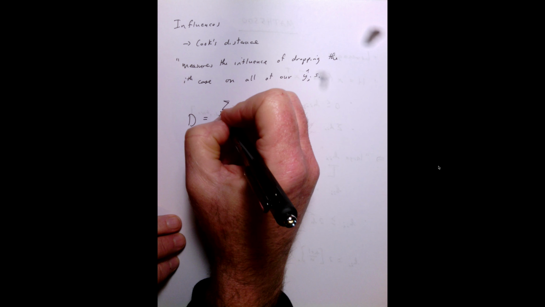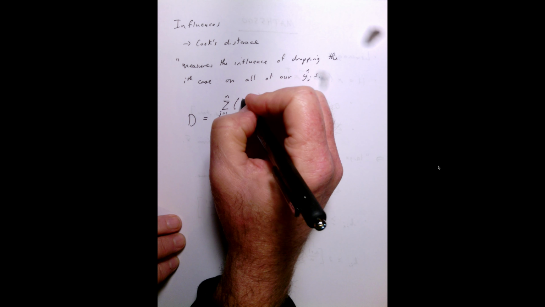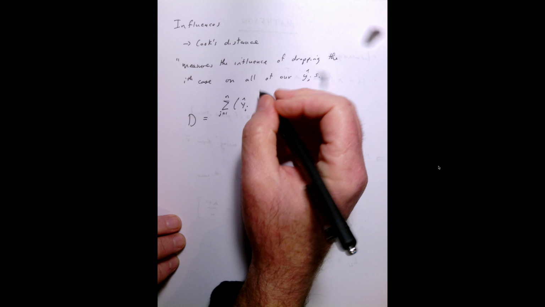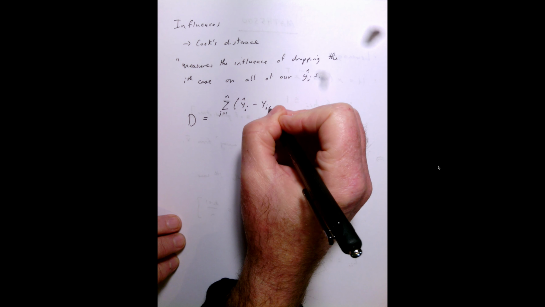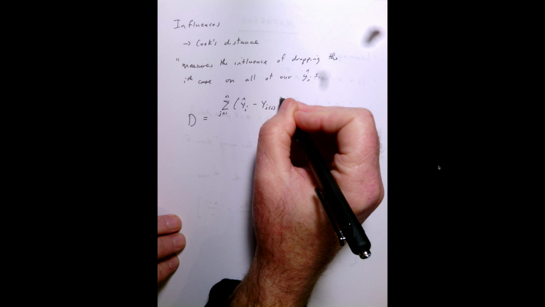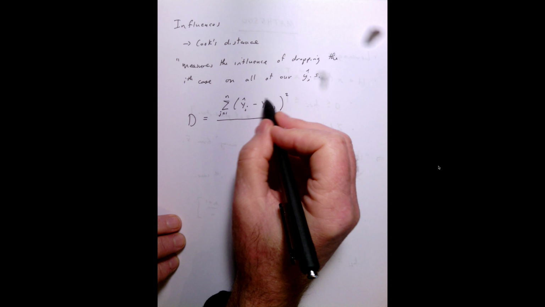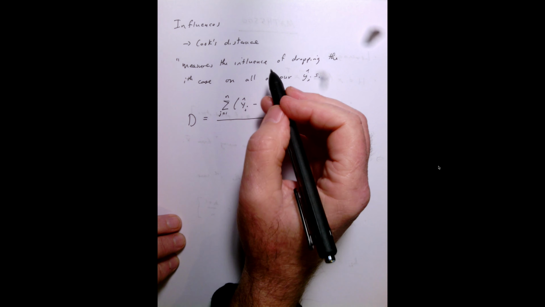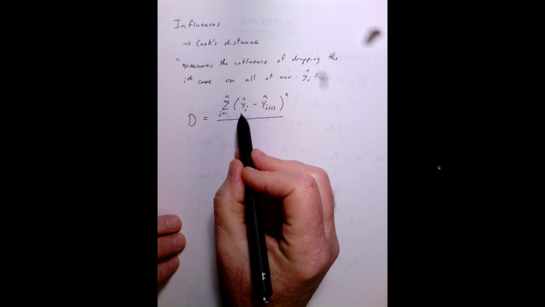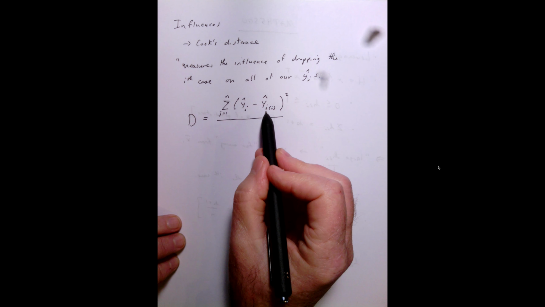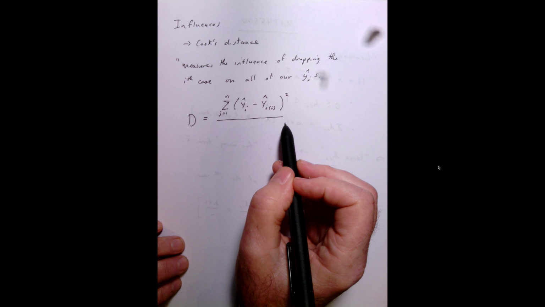We'll run this from j equals 1 to n, and we'll look at the predicted value for j minus the predicted value for j if the ith case is deleted. So that's what that notation means.